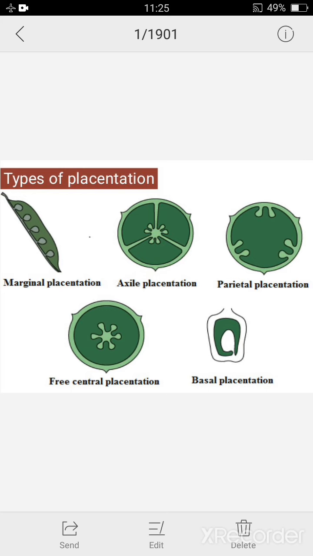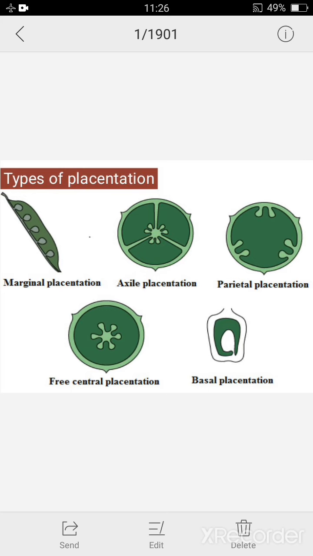In competitive examinations, they may ask this type of question also. Septa are absent in which type of placentation? Tell me, what is that placentation? Free central placentation. Then where are the ovules present? Ovules are present on the central portion or central axis of the ovary. They are borne inside the ovary, at the central portion.